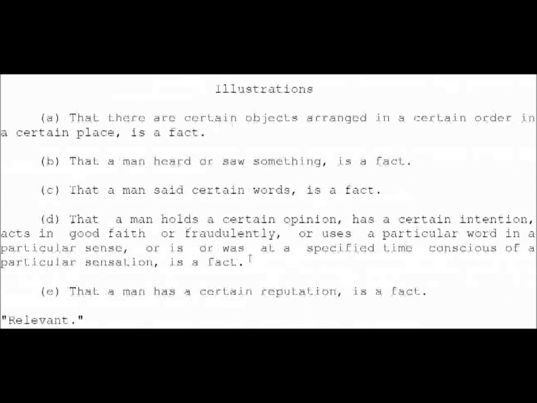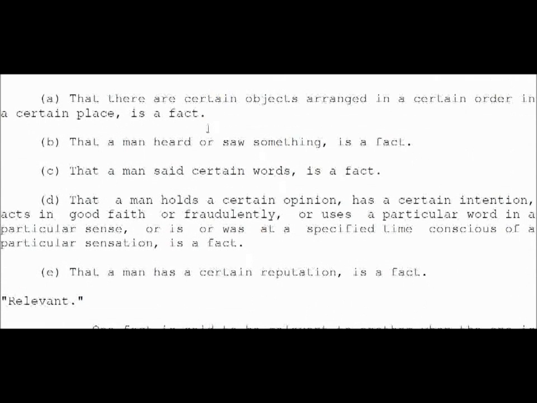Let us start with the illustrations. Some of the illustrations simply say that if an object is arranged in a certain order in a certain place, it is a fact. If a man saw a thing or heard a thing, it is a fact. If a man said anything, it is a fact.